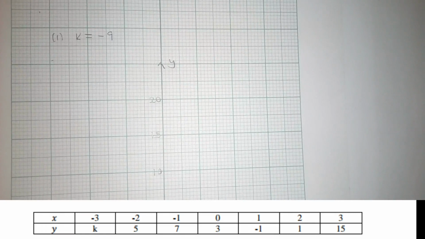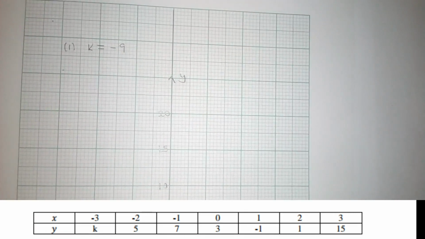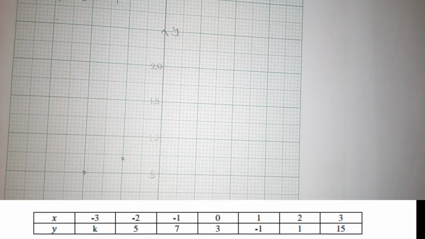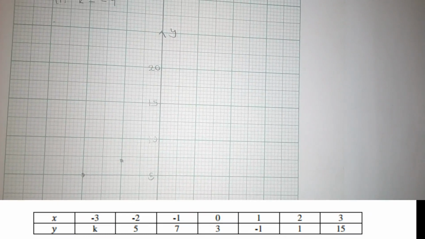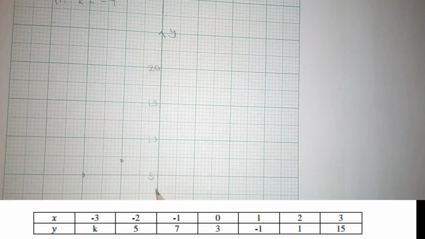It's over here. Very simple. Next is -1, 7. So this is 5, 6, 7, somewhere here. Next will be 0, 3. So this is 0, 1, 2, 3. It's supposed to be here.